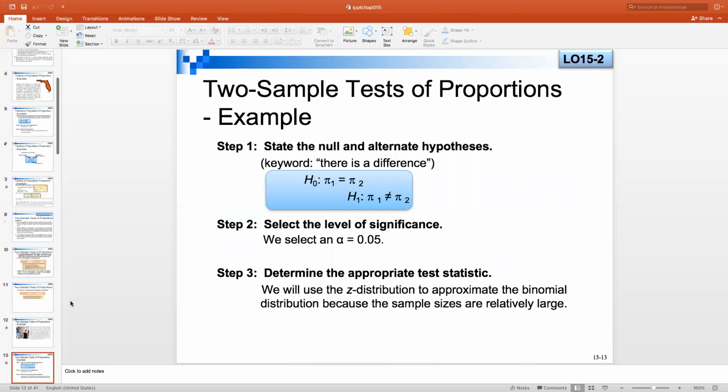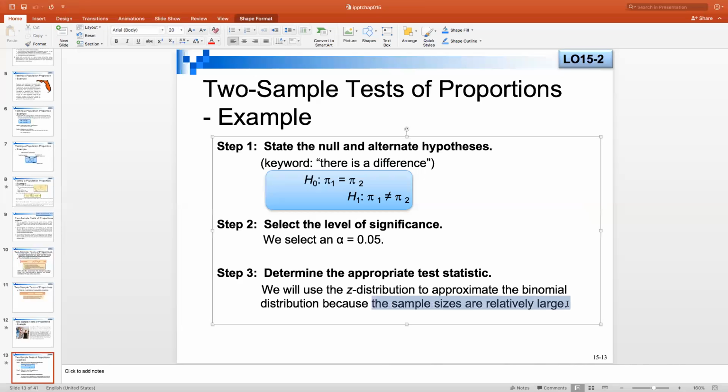All right. So when we look at this, number one, here is that they are equal. We have proportions that are equal, and then we have not equal. Okay, so that's our null, and that's our alternate, as we already said. We're going with a 0.05, and we're going to use the Z because here we're assuming the sample sizes will be relatively large.